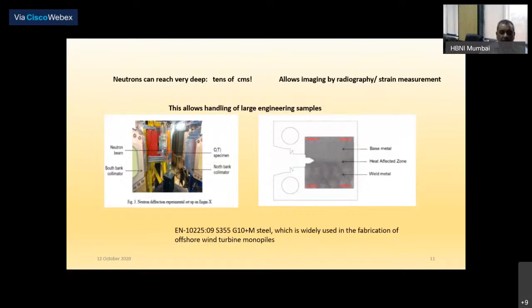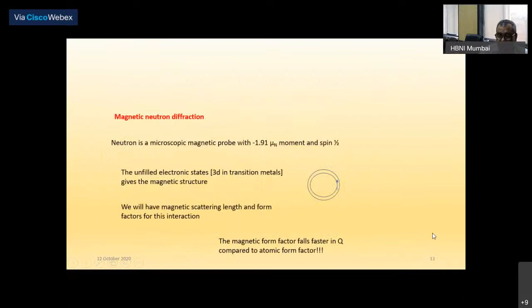And after this was done on an instrument called ENGIN-X at Rutherford Appleton Laboratory, this gives you the strain map of the sample. So this is one part which I wanted to tell you, that neutrons have the strength of going deep in material.